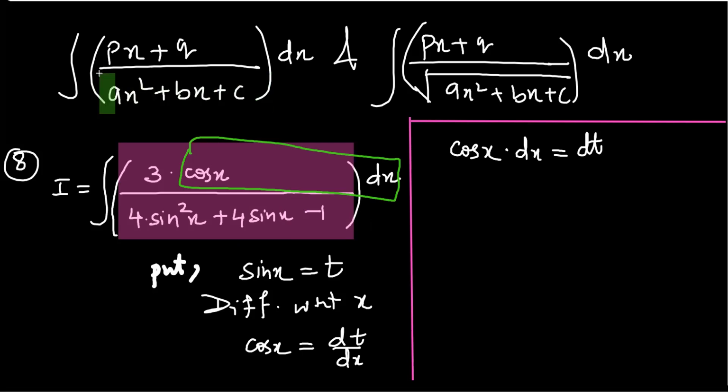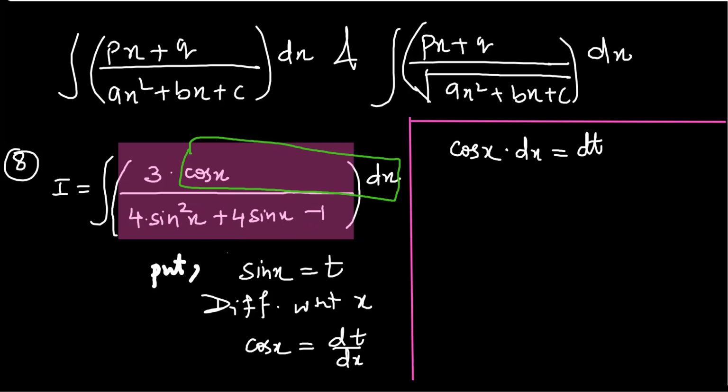So since I wanted quadratic in x and I had quadratic in sin x, I tried to get quadratic in t. That is why I am putting sin x as t. I understood that if I put sin x as t, it will get me 4t square plus 4t minus 1.